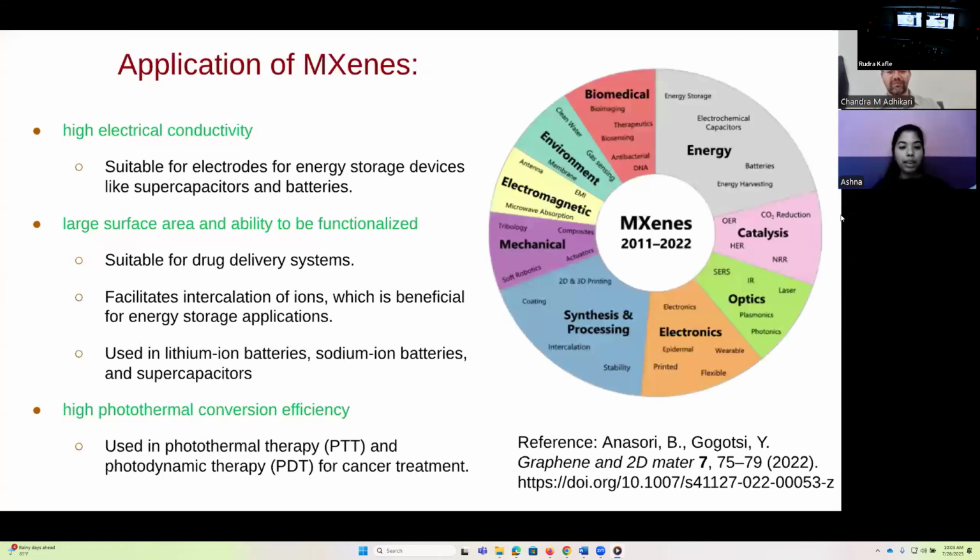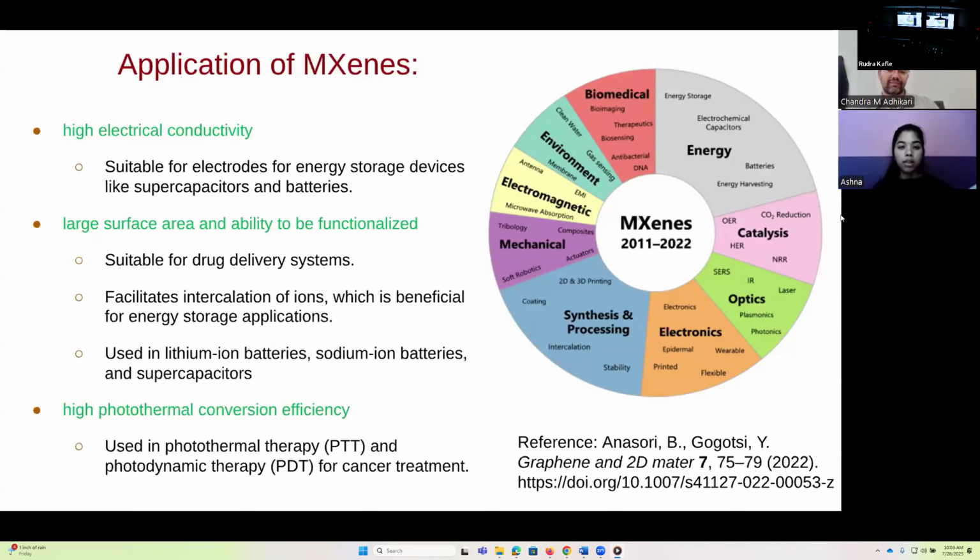How are MXenes applied in the real world? MXenes can be used in the fields of energy, catalysis, optics, electronics, synthesis and processing, mechanical, electromagnetic, environmental, and biomedical fields. Their high electrical conductivity is suitable for electrodes for energy storage devices like supercapacitors and batteries.